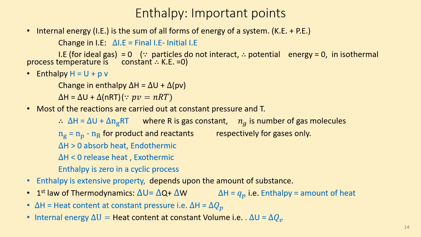Internal energy change delta U is equal to heat content at constant volume. That is, delta U is equal to delta Qv and delta H is equal to delta Qp. Please note down all these important points as it will help you in solving numerical problems.